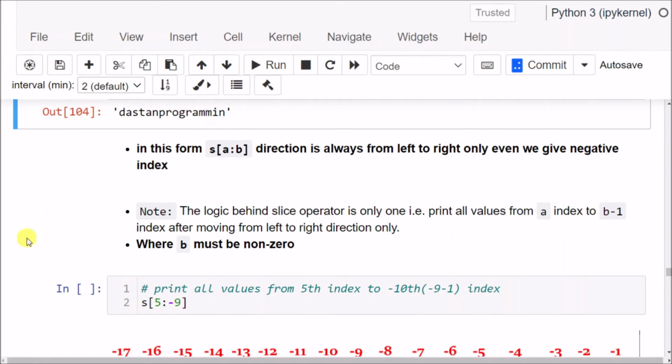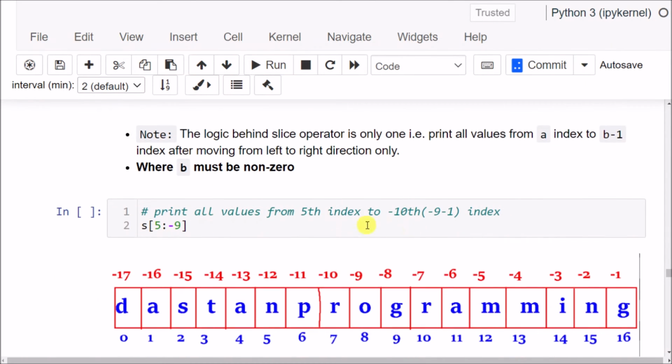Okay, note, the logic behind slice operator is only one, that is print all values from a index to b minus 1 index after moving from left to right direction only, where b must be non-zero. Okay, if we put b equal to 0, then it will break this logic, that is n minus 1.